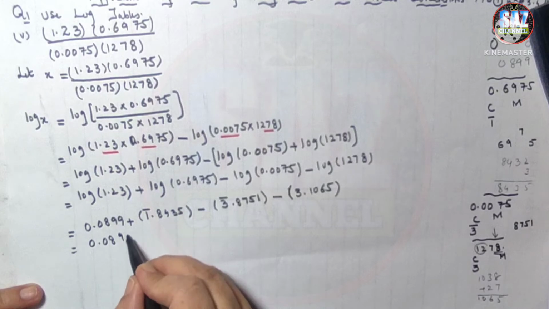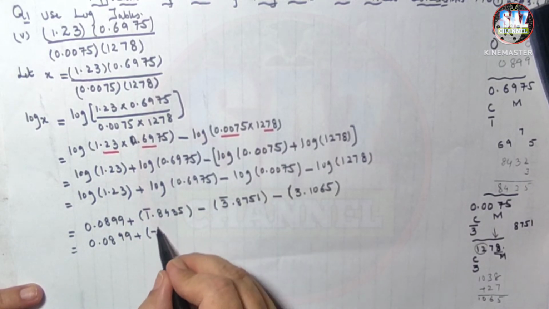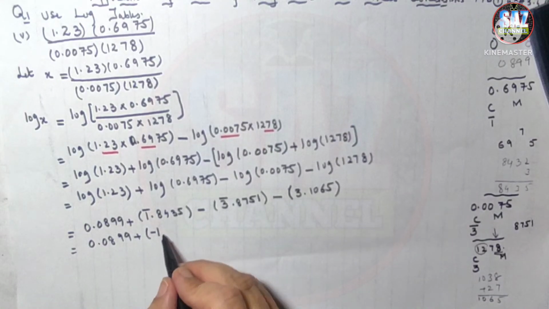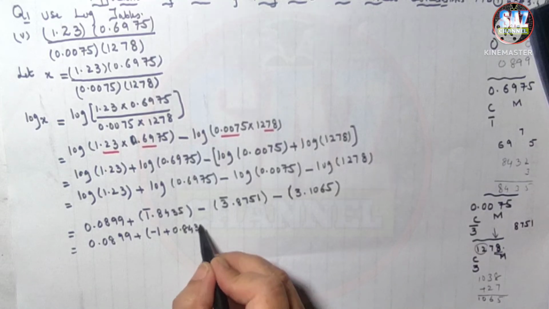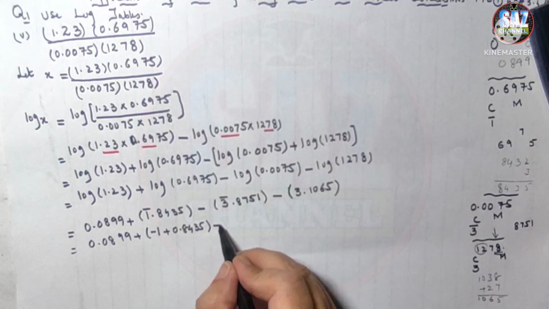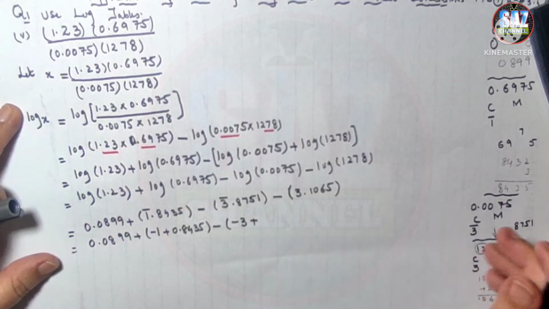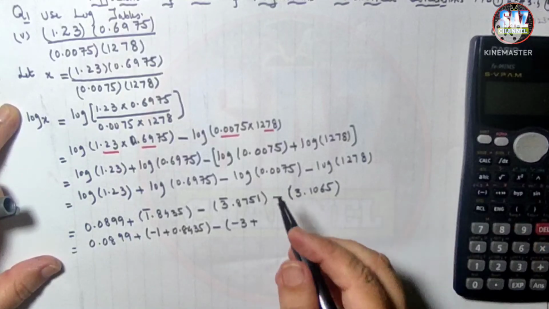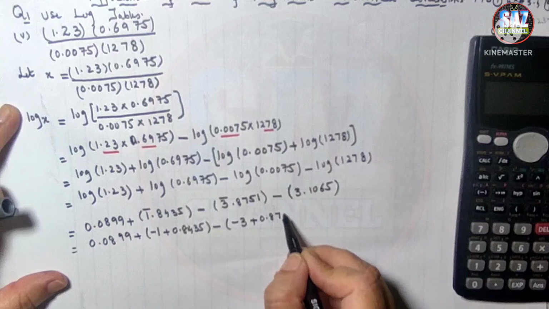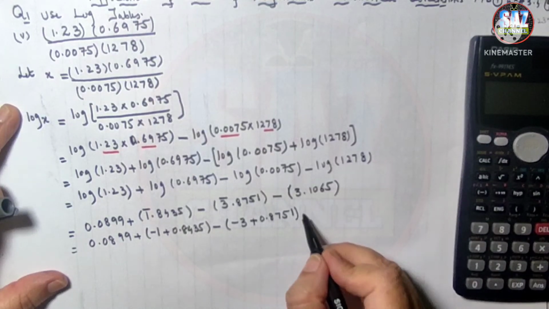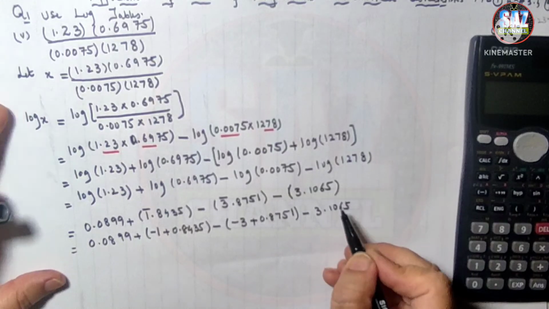0.0899, and then this characteristic, which is negative for the calculation purpose, can be written as -1, and then the decimal part 0.8435, and this is minus 3 bar, that is -3 plus 0.8751, 0.8751, and minus 3.1065.